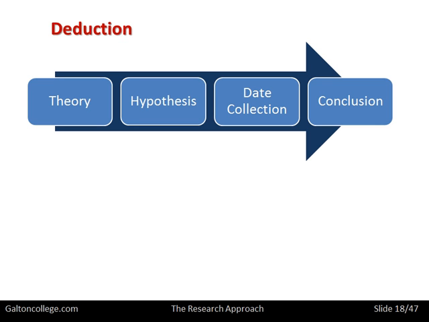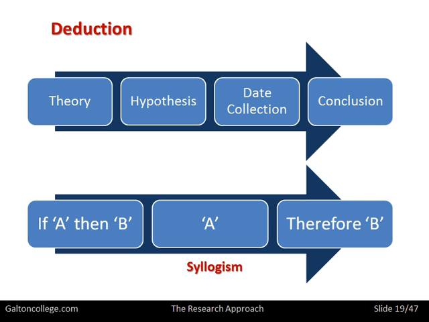And this is called the deductive approach. It's based on old-fashioned logic developed by Aristotle. So it's Aristotelian logic. Quite simply, we have a statement: if A, then B. If A happens, then B will happen.